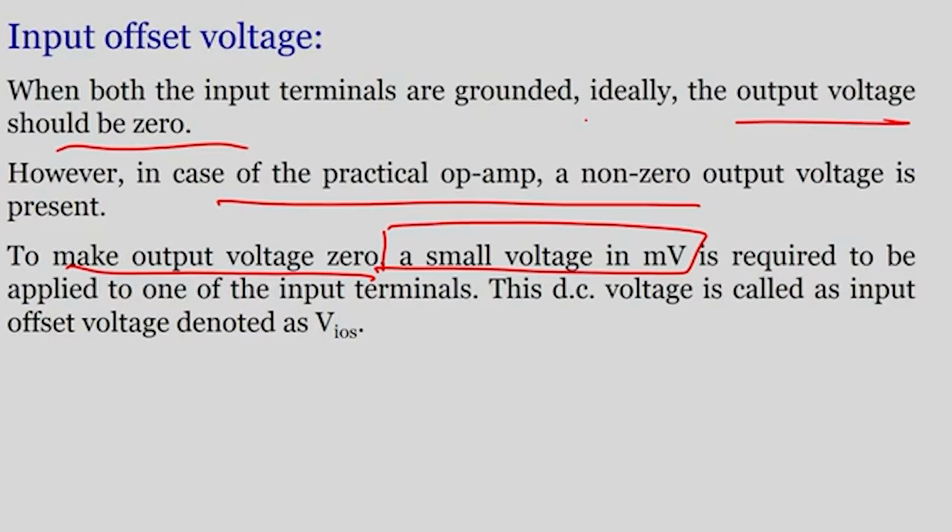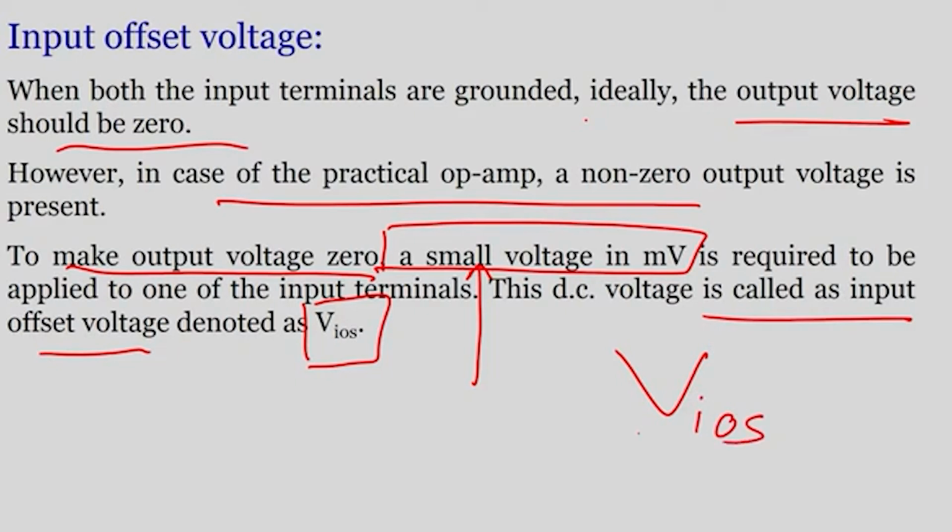This small voltage that is required to make the output voltage 0 is called the input offset voltage, and it is denoted by VIOS. Easy to understand what is input offset voltage, but how to calculate it?